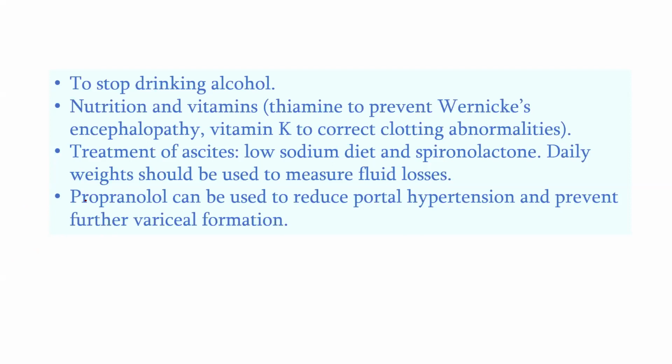And we must start treatment of complications of cirrhosis. Ascites treatment: low sodium diet, and the anti-mineralocorticoid drug spironolactone, a diuretic, which will help to remove excess sodium and water.